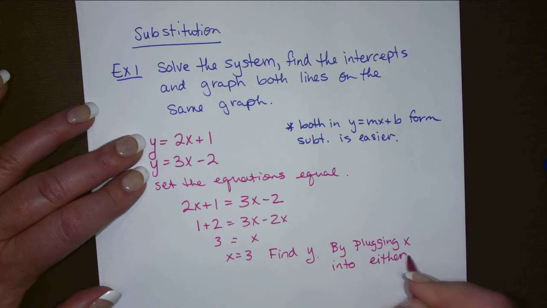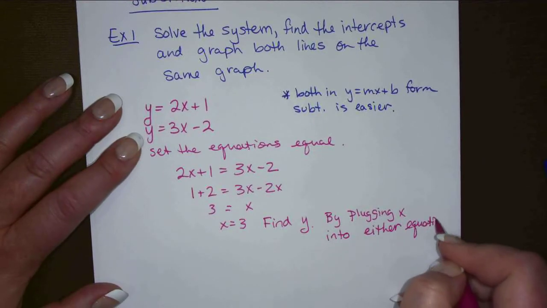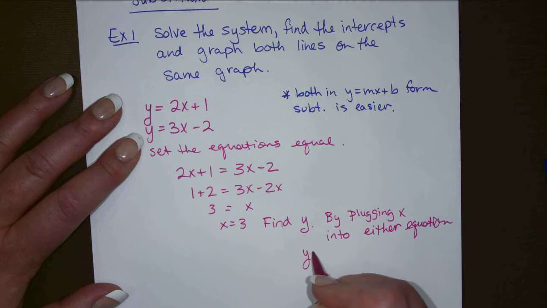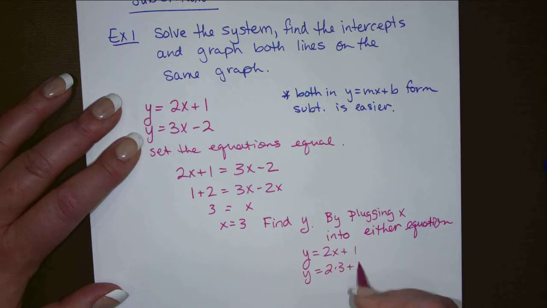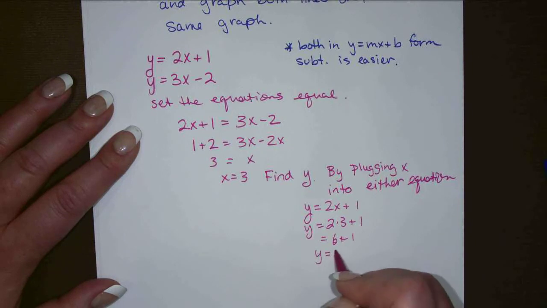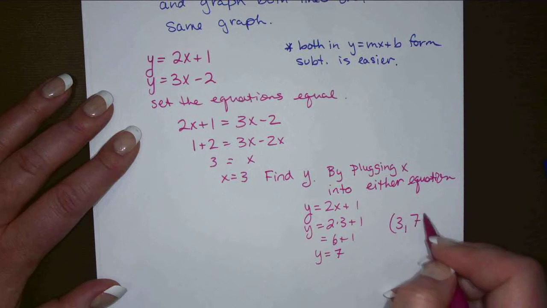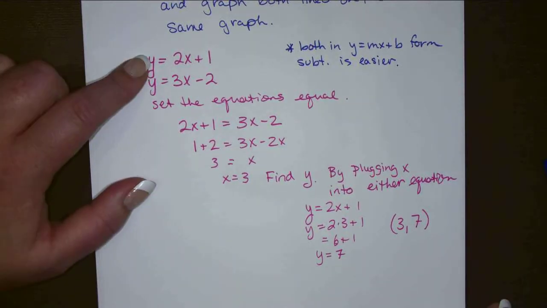They will give you the same answer. You could plug them into both to check if you wanted to. 2x plus 1, so y equals 2 times 3 plus 1. So y is 7 and x is 3. So that's the point when we draw the graph where they cross.